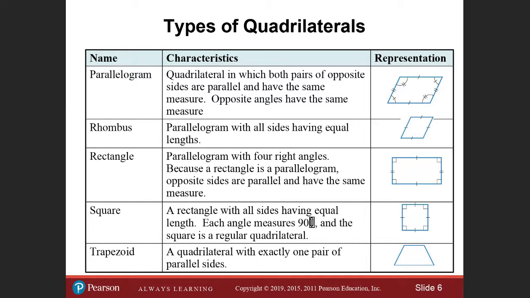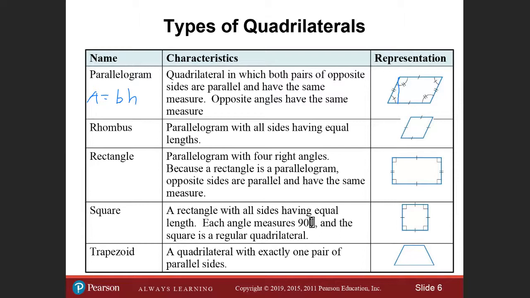Since for perimeter we add all the sides, for the area of a parallelogram we include that here. Area is equal to base times height. The height should be taken over here, so that should be the height.